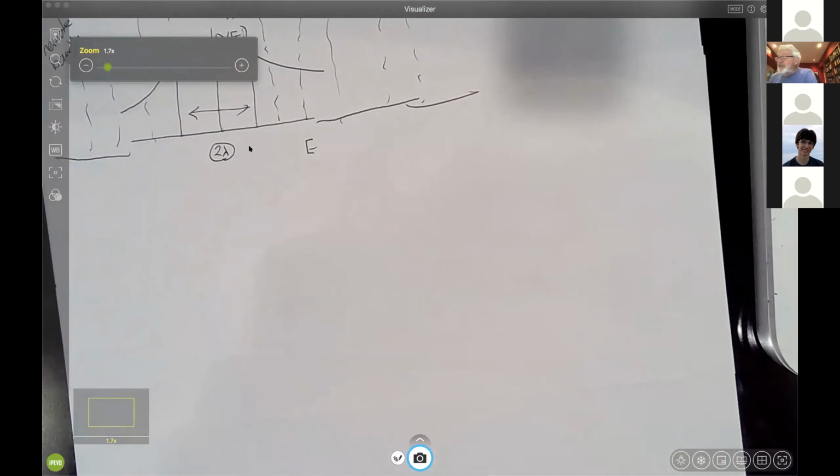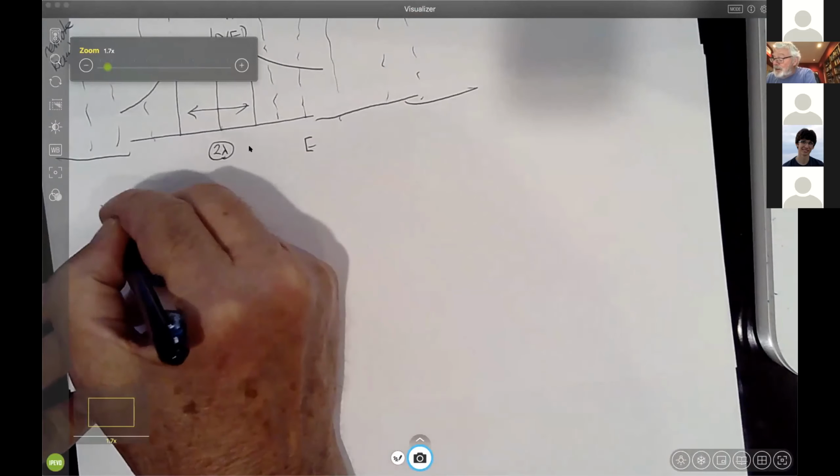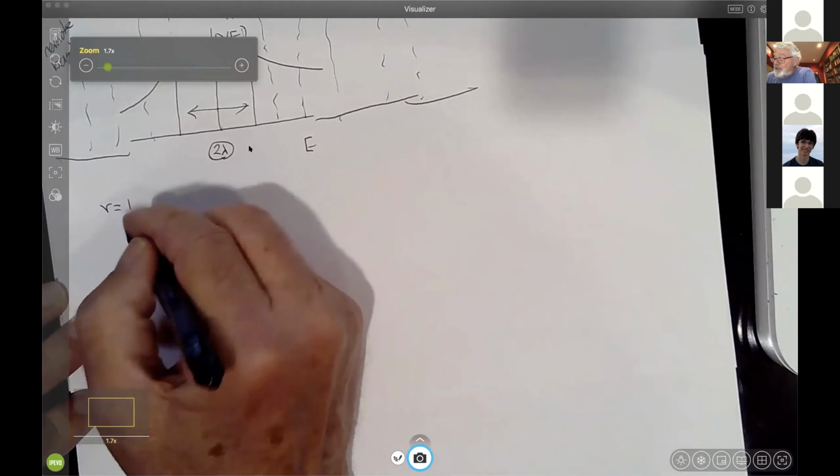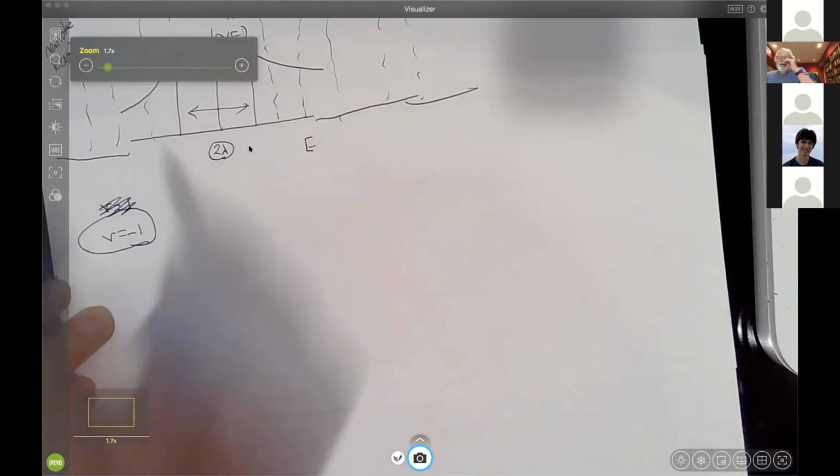So that gives actually a richer set of possibilities. So for example, let me take nu equal -1.